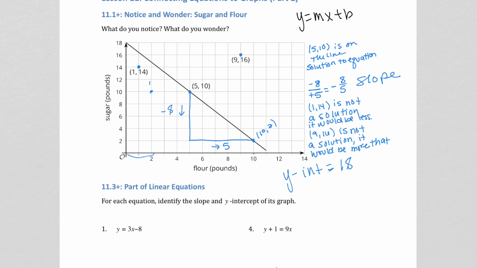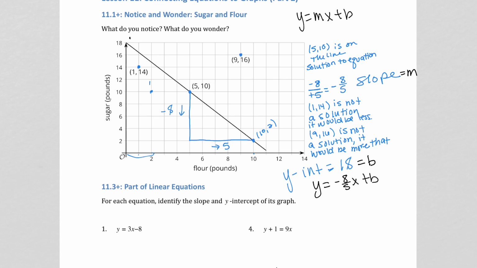It's our m. So what is my y-intercept? B, which is 18. So my equation would be y equals negative 8/5 x plus b.